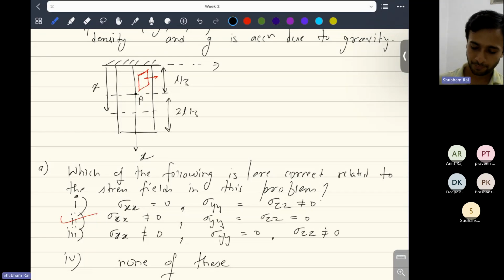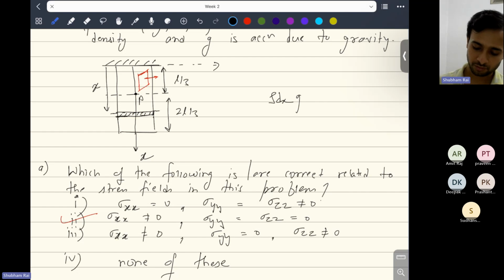Okay. So at this point, let's say the density of the body is rho, and a small length of the body is dx. Let's say this much length we are taking. So this will be the small mass, and this mass will exert this much amount of normal force.